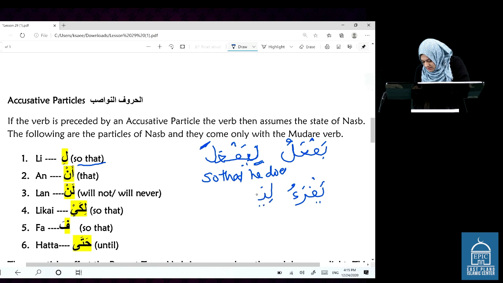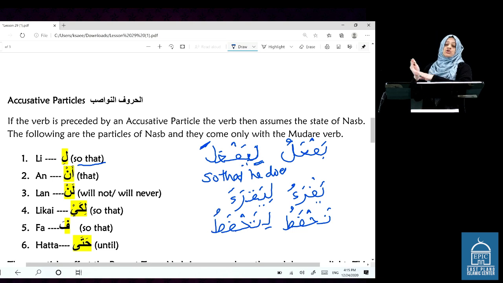Li yaqra'a. And then I put her in a hifz school so that she memorizes. Hafiza yahfazu tahfazu, li tahfazu, so that she memorizes.